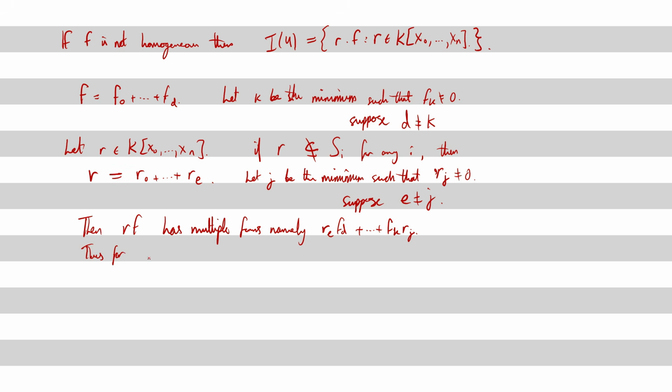Thus, for r not a form, and a form is just a homogeneous element, r multiplied by f is not a form. Not only that, but if r were a form, then r f is not a form. The only exception is 0.